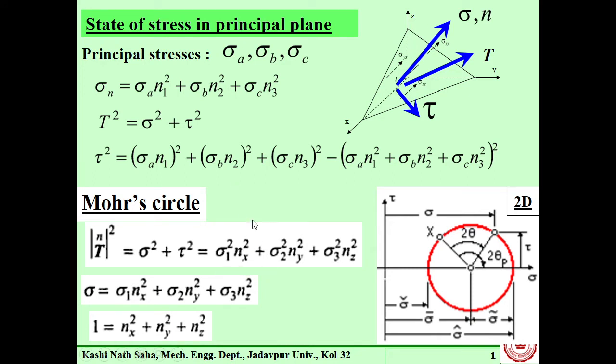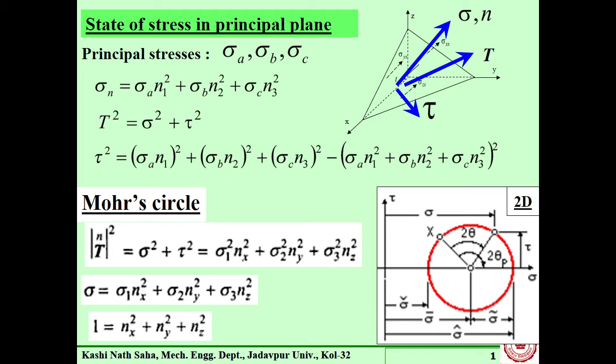And from there we get this is our t vector, or this is our t squared, right? What is our sigma n now? This sigma n direction here, sigma a, b and c, will be sigma 1, sigma 2 and sigma 3.